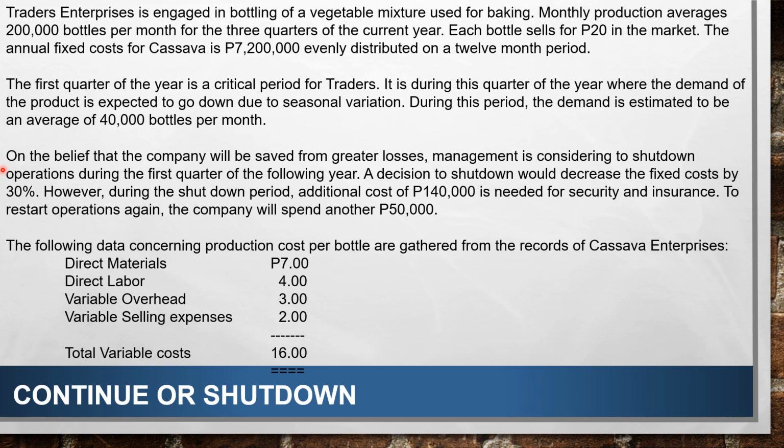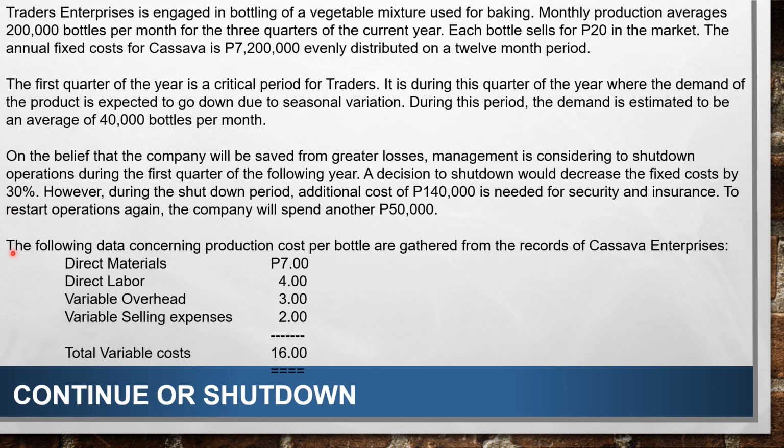A decision to shut down would decrease the fixed cost by 30%. However, during the shutdown period, an additional cost of 140,000 is needed for security and insurance. To restart operations again, the company will spend another 50,000.